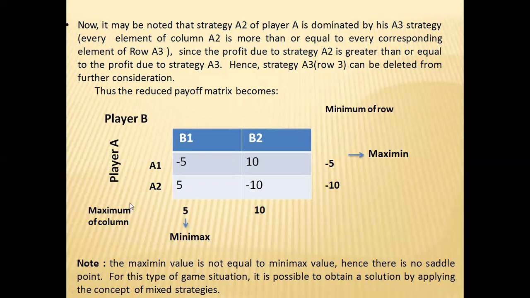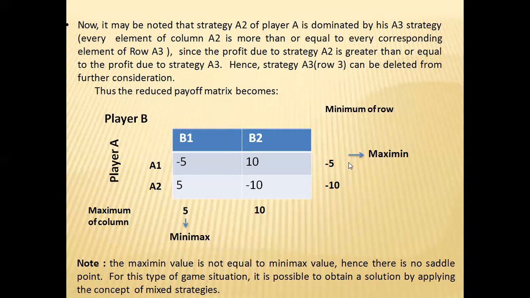Upon deleting this A3, we calculate with respect to the minimax and maximin conditions. Among the given numbers, the maximum number is 5, and the minimum number is minus 10. For B2, the maximum number is 10, and the minimum among these two numbers is minus 5.